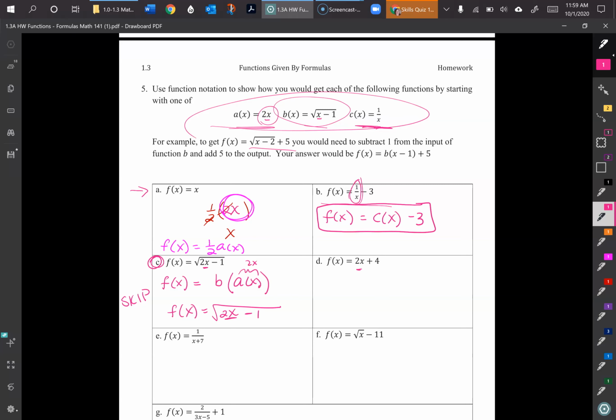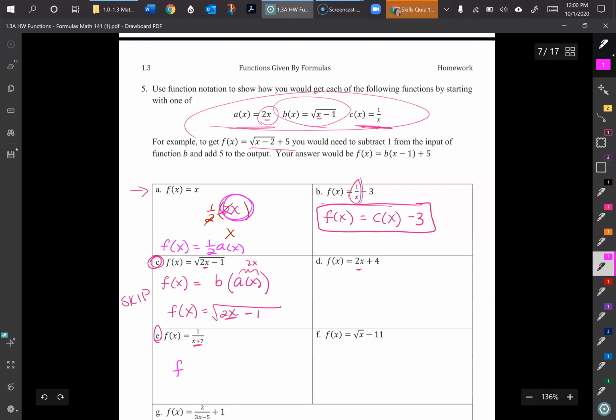I think E is probably an okay one if you think what would fit for that one. We would want to do the C function, so we would end up with 1 over x.